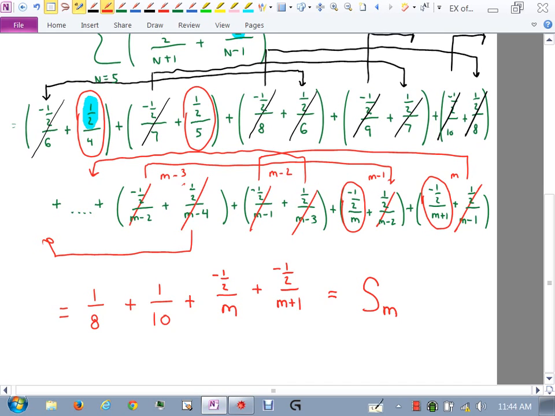Now I want to let m go to infinity. And it's going to be pretty easy once you do that, right? If I let m go to infinity, this is a constant over infinity goes to 0, constant over infinity goes to 0, so you get zeros there, right? And over here you have 1/8 plus 1/10. So add those up, that's your answer.